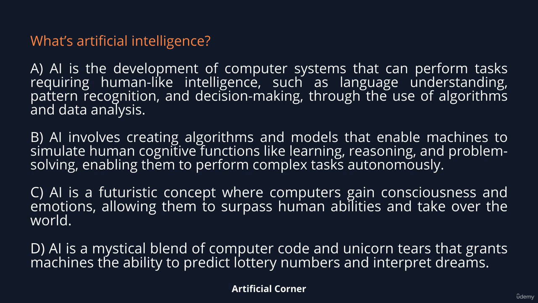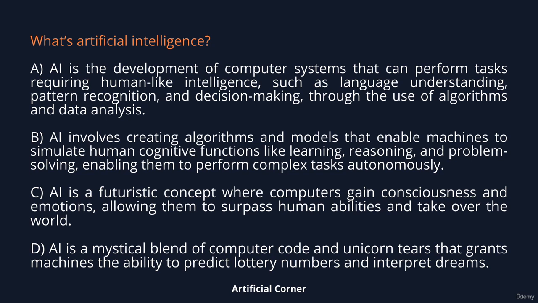Then we have B: AI involves creating algorithms and models that enable machines to simulate human cognitive functions like learning, reasoning, and problem solving, enabling them to perform complex tasks autonomously. That answer is not bad. Then we have C: AI is a futuristic concept where computers gain consciousness and emotions, allowing them to surpass human abilities and take over the world. Well, that doesn't make complete sense.